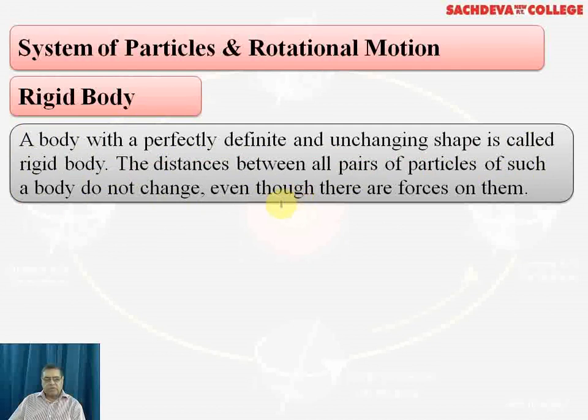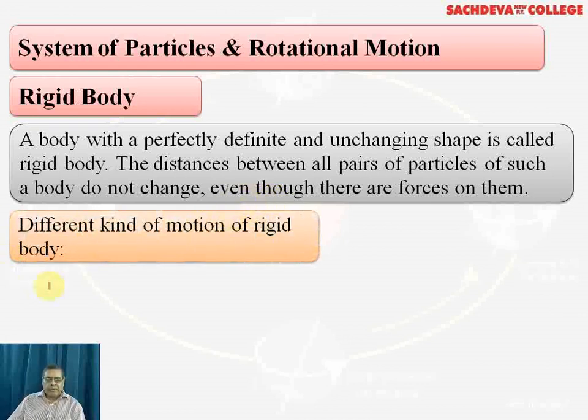This distance is called the interatomic distance, and the force between these two particles is supposed to be the interatomic force, which is attractive in nature. So many forces are acting on these particles, but still we don't find any change in the position of particles in a rigid body.